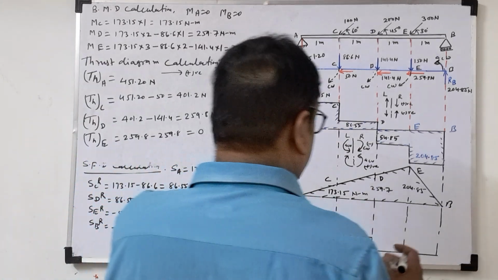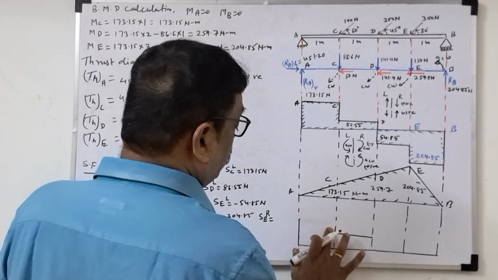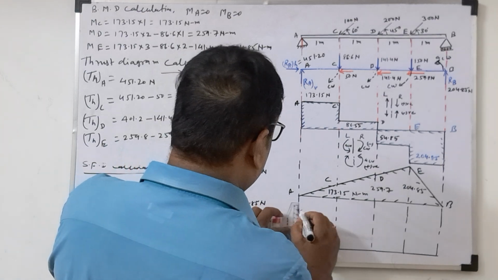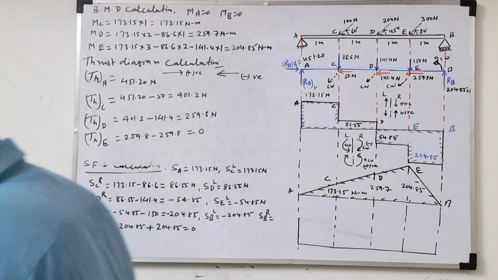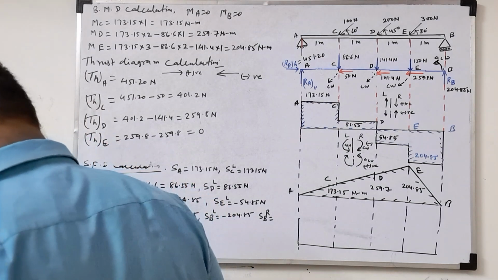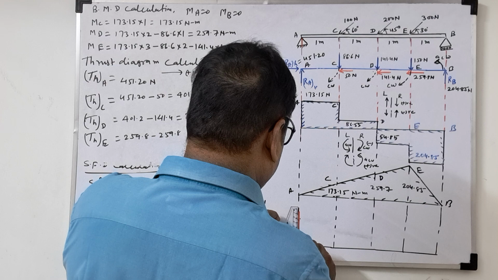What is drawn a little higher will look better. We'll use different colors now, it will be easy for you. The thrust diagram will go in a different color.